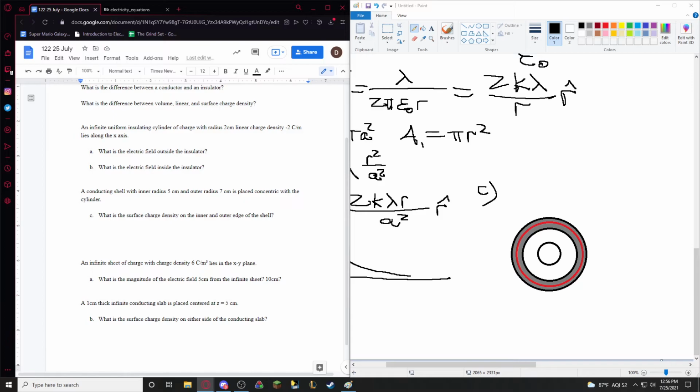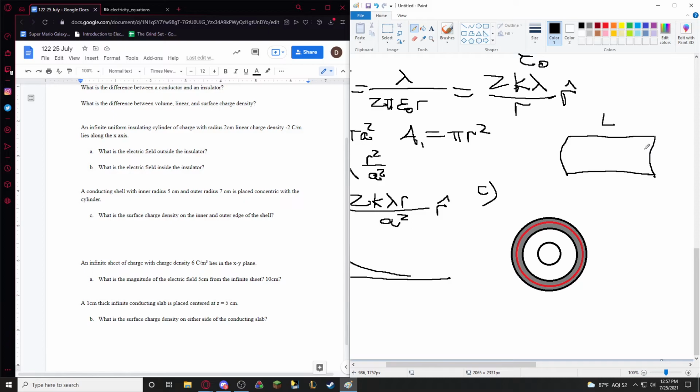So let's think of it this way. We'll say this is a sort of drawing of our inner part of the shell. We're looking at it from the inside. Imagine it loops all the way around like that. We know our total length is L, and we know that our linear charge density is positive 2 coulombs per meter.